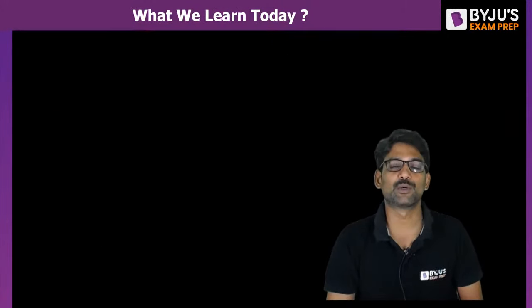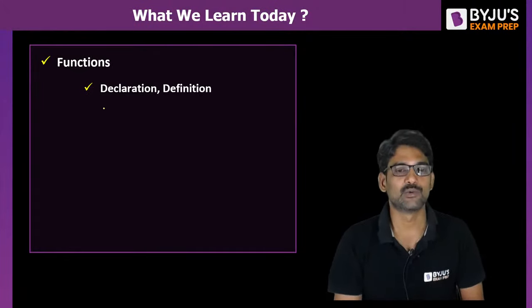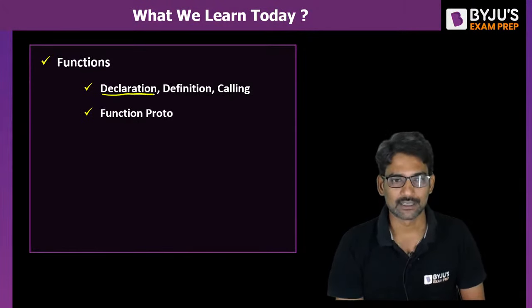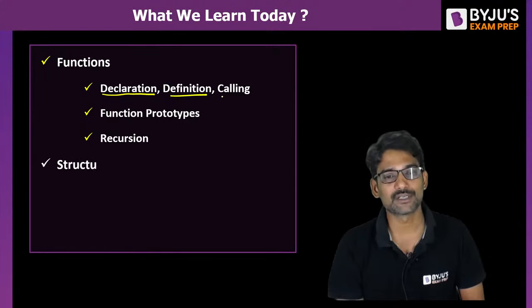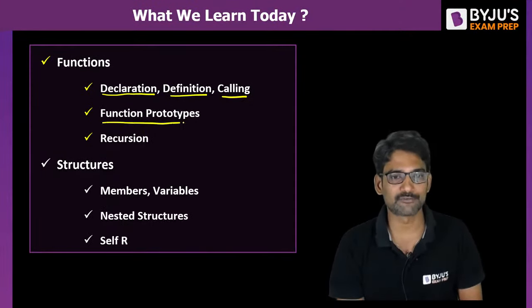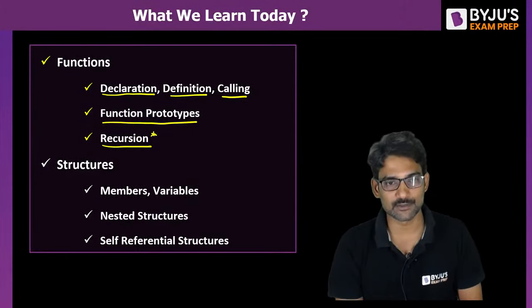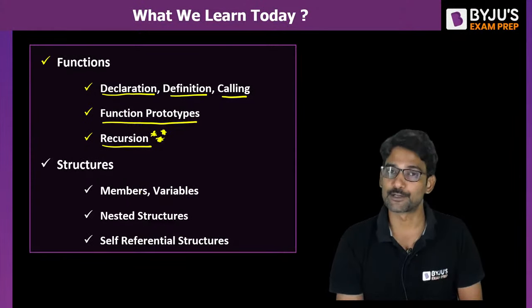So what are we going to learn today? Functions: what is a function, declaration, definition, calling. How do these three differ? What are different prototypes for a function, and recursion, which is very important for our NIELIT exam, dear friends. Recursion concept.